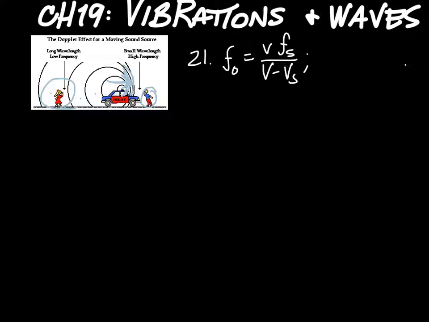And in problem 19, we rearranged this equation to solve for the speed of the source. When we did that, we came up with the speed of the source is equal to the speed of sound times 1 minus the frequency of the source divided by the frequency of the observer.